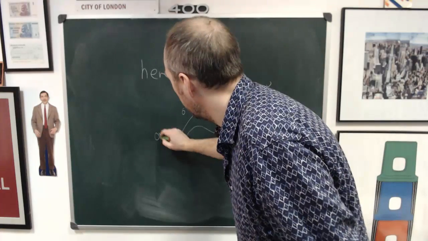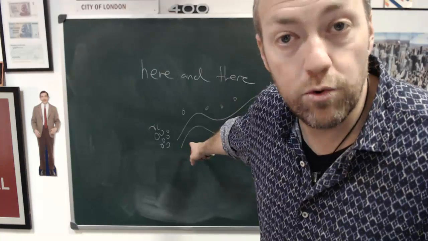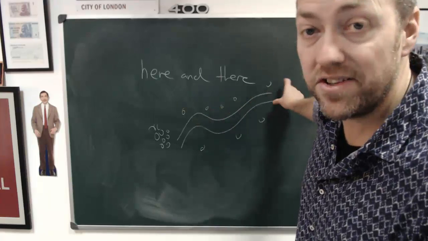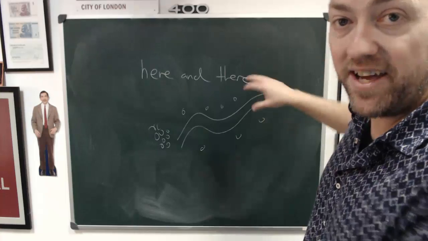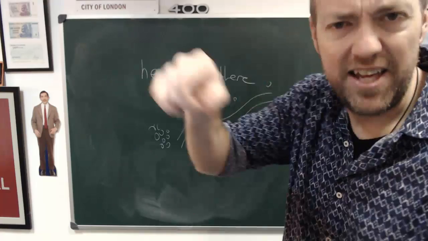For example, this is a group of houses together. But here we can see that the houses are here and there, distributed, okay? Distributed evenly, here and there. So you could use this expression to talk about the distribution of objects.